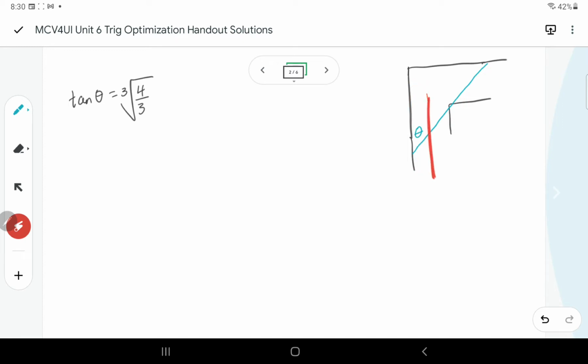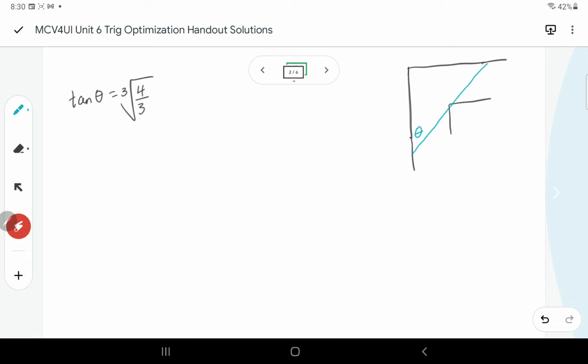If it was exactly parallel to the walls in this first hallway, theta would be 0. And eventually you're going to curve the board around, and then you're going to have it exactly parallel to the second hallway, and then theta is going to be pi over 2 or 90 degrees.